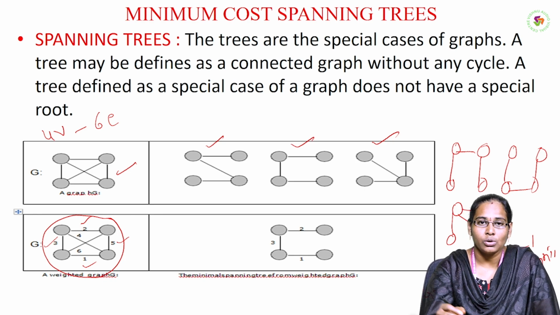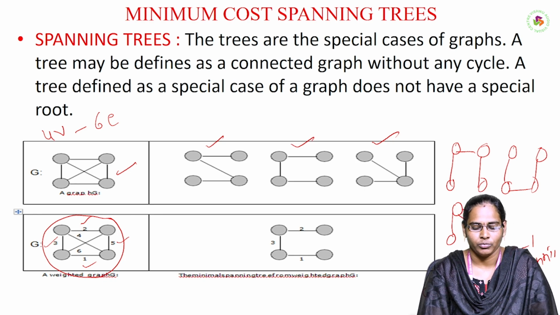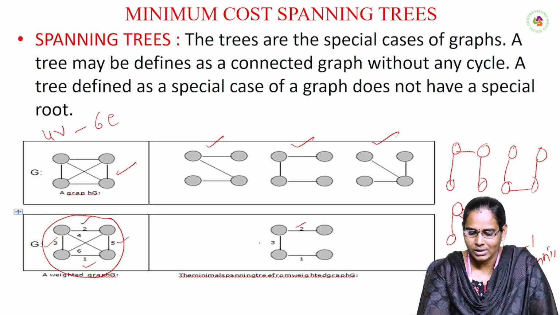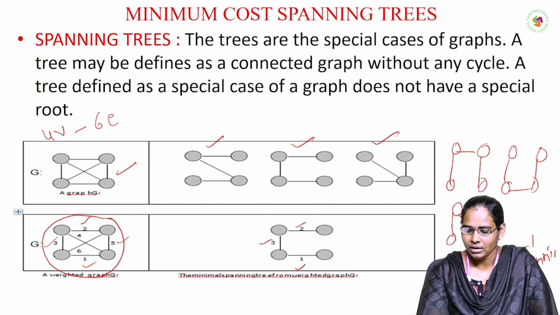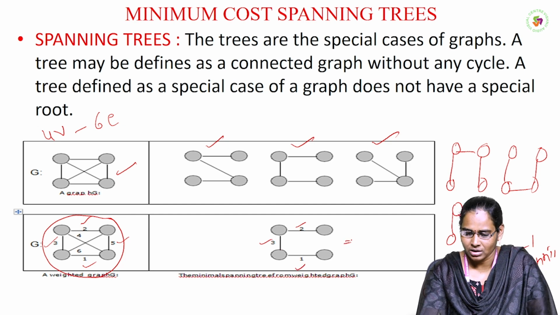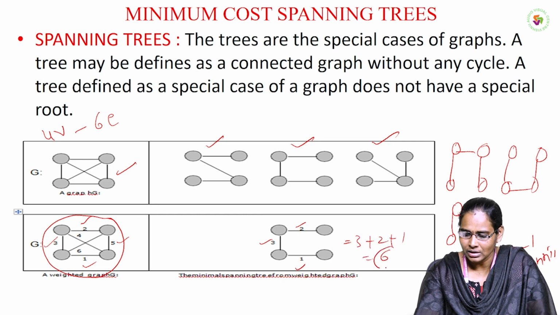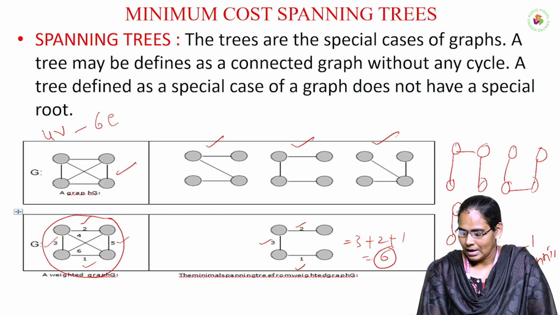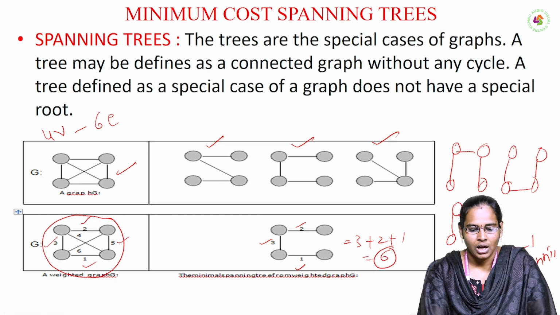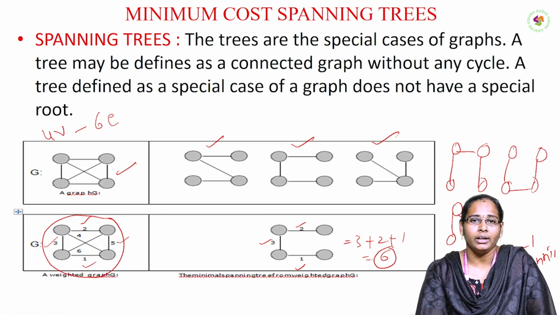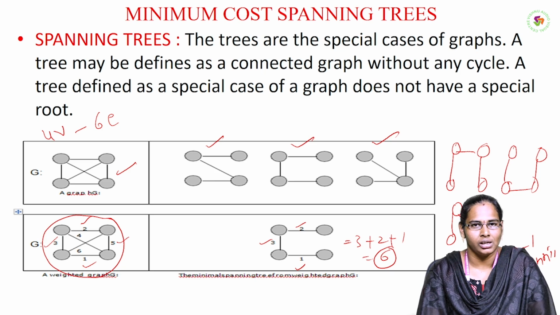Now, what is the cost of a spanning tree? We have to add all these edges, then we get the spanning tree cost. 3 plus 2 plus 1, that is 6. So 6 is the spanning tree cost. Like this, we have to generate a number of spanning trees here.